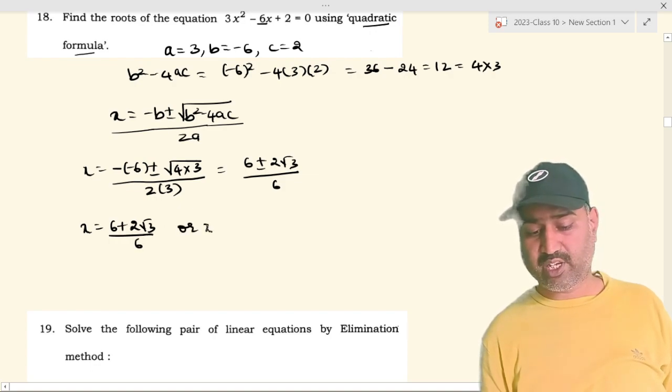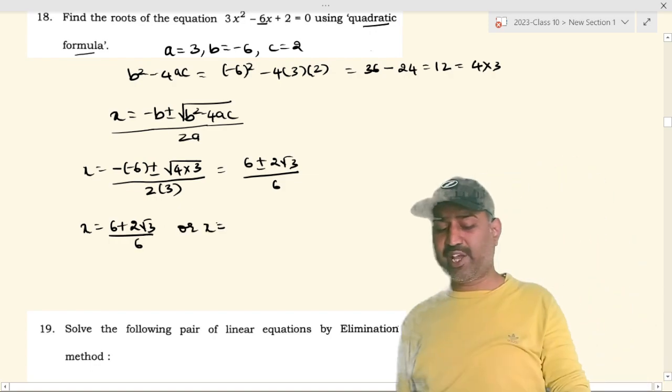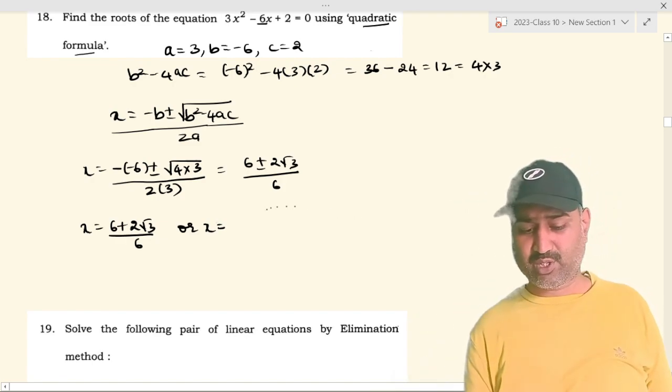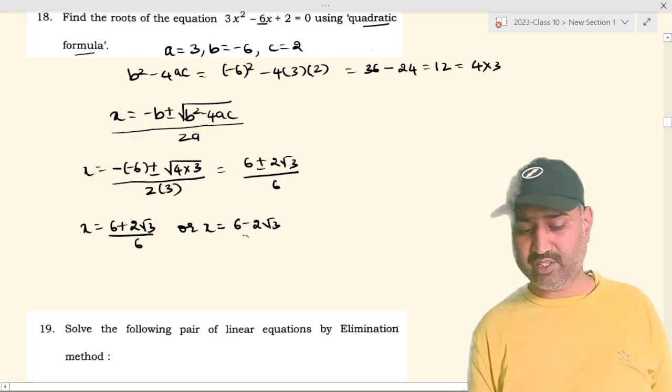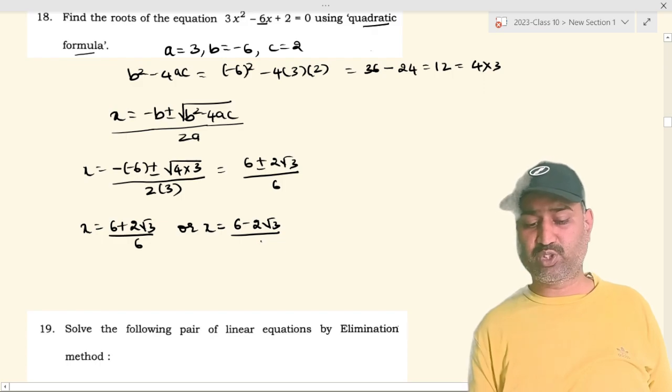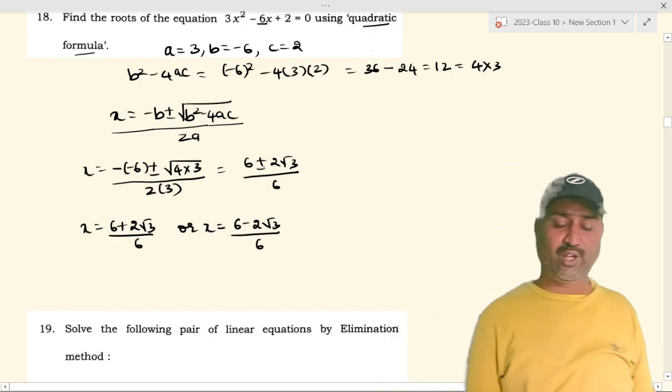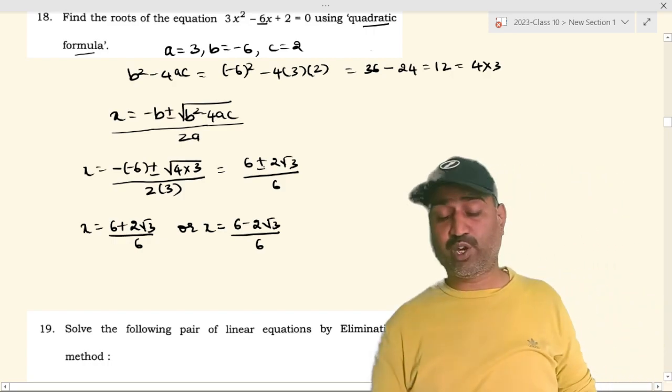Or x is equal to 6 minus 2 root 3 divided by 6. You can take 2 common out here, but otherwise you can do it directly also. Once we take plus here and once we take minus here. Therefore, these are the two roots of the quadratic equation, right?